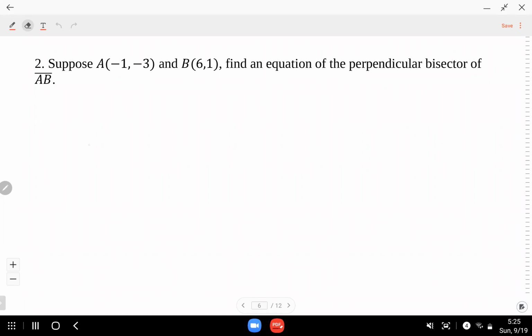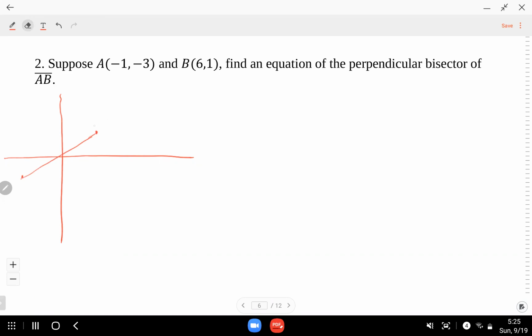So AB, we can kind of assume it's around here. Okay, AB looks like this. Hold on, I need to redraw this coordinate plane. So AB around over here, an approximation.